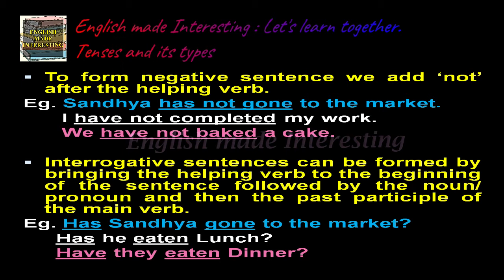So this helping verb has comes to the beginning, followed by the noun or pronoun, and the past participle form, that is gone, comes after the noun or pronoun. Has Sandhya gone to the market? Has he eaten lunch? Has is the helping verb, he is the pronoun, eaten is the past participle form of the main verb, that is eat. Has he eaten lunch? Have they eaten dinner?